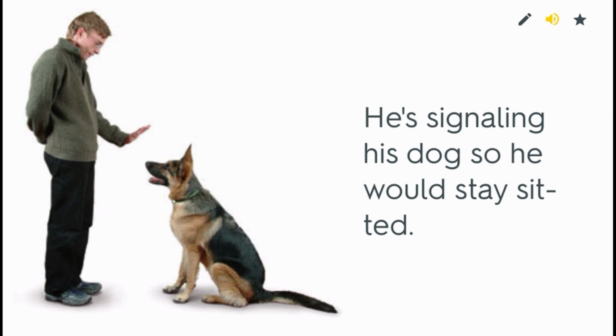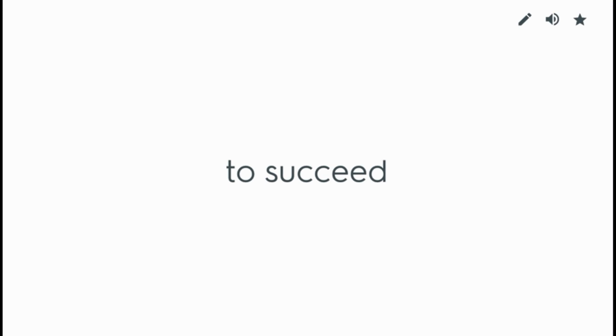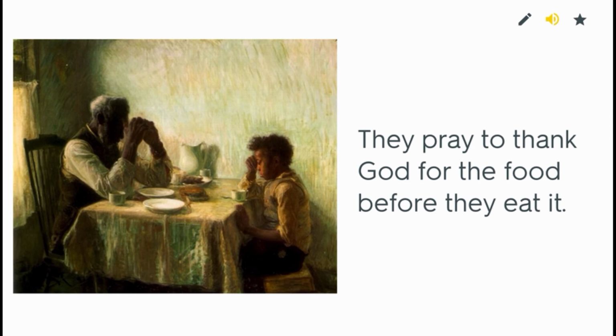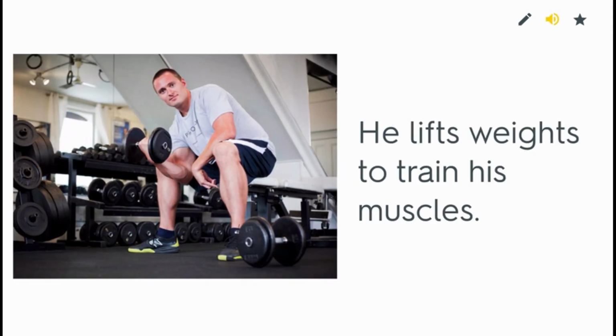He's signaling his dog so he would stay seated. To succeed. To succeed in learning English, you must practice a lot. To thank. They pray to thank God for the food before they eat it. To train. He lifts weights to train his muscles.